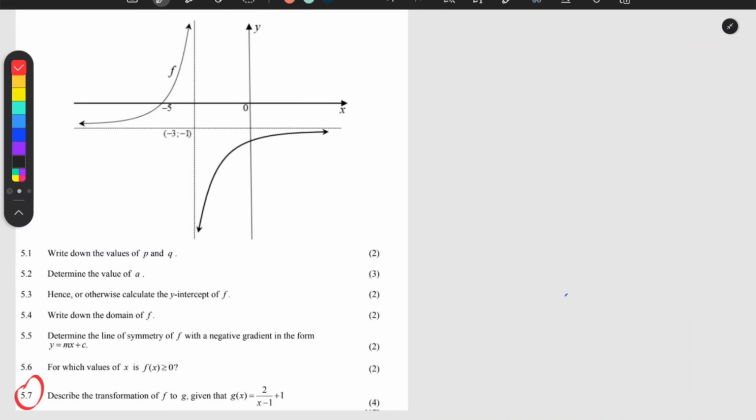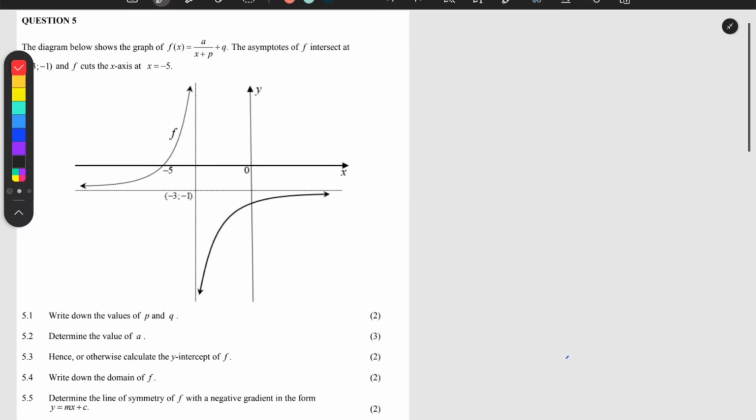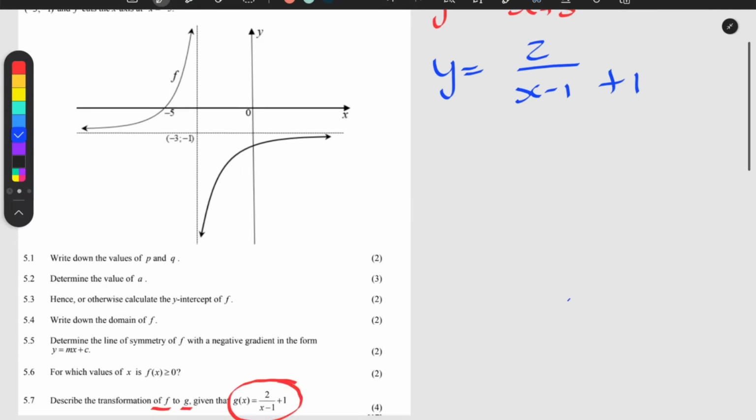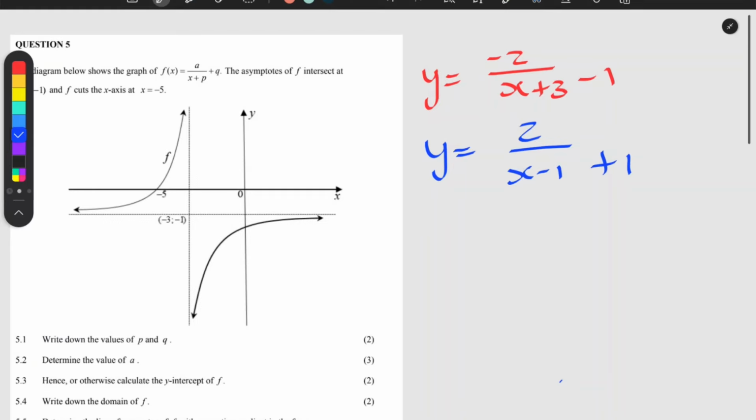Okay, 5.7 says, describe the transformation from F to G if G is this. Something happened to F and now it looks like this. This is now called G. So I'm going to write F down and this is now G. Now they ask you to describe the transformation.